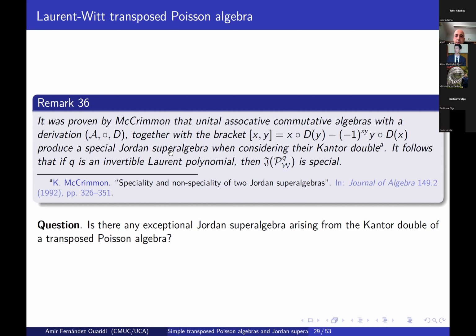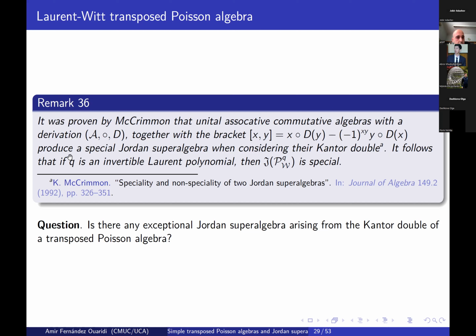Also, for this Jordan algebra that we have defined in the previous slide, we can see that Martinez showed that unital associative commutative algebras with a derivation, together with this bracket, produce special Jordan superalgebras when considering the Kantor double.